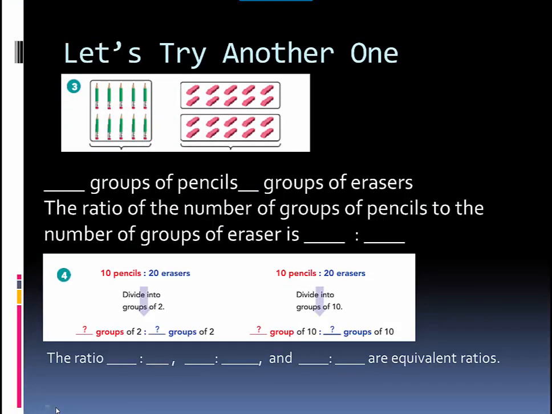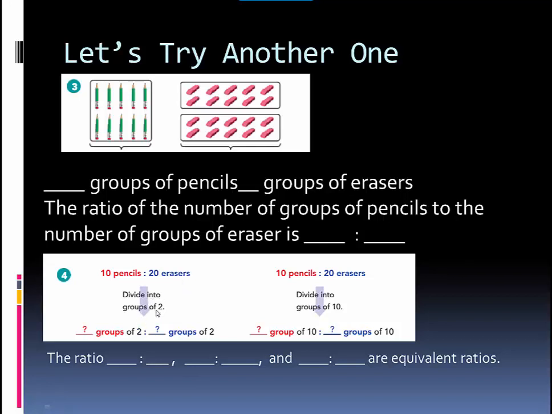Here's another one. This is also put into groups. Blank groups of pencils, blank groups of erasers. The ratio of the number of groups of pencils to the number of groups of erasers is. And in number 4, you have 10 pencils, 20 erasers.